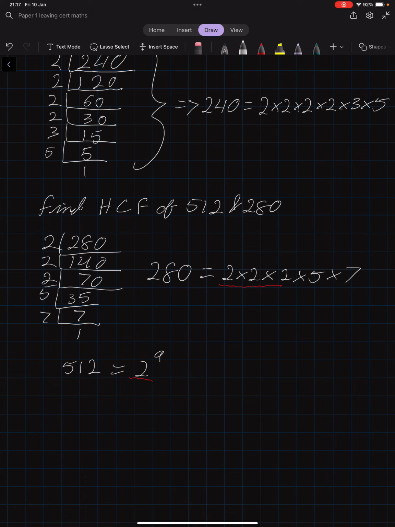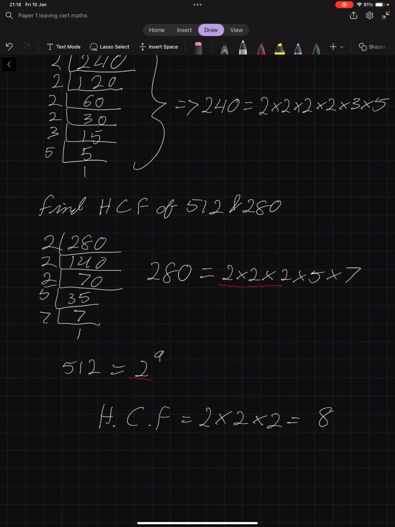So the highest common factor is equal to 2 times 2 times 2, which equals 8. Okay, because 5 isn't common to 2, and 7 is also not common to 2 to the power 9. So the only thing that's common through both of those is that.